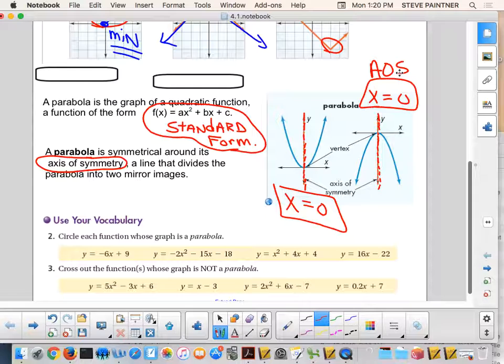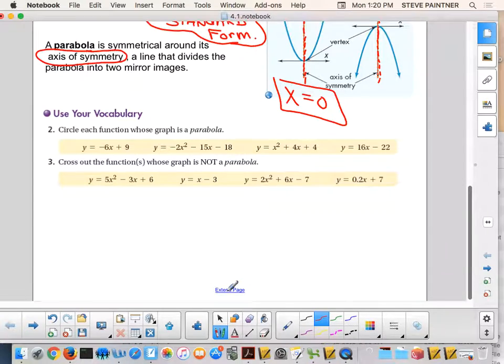Next, question 2. Circle each function whose graph is a parabola. Which one's a parabola? 1, 2, 3, or 4? 2 and 3 I'm hearing. How come you're saying 2 and 3? I heard somebody over there say it because you saw what?